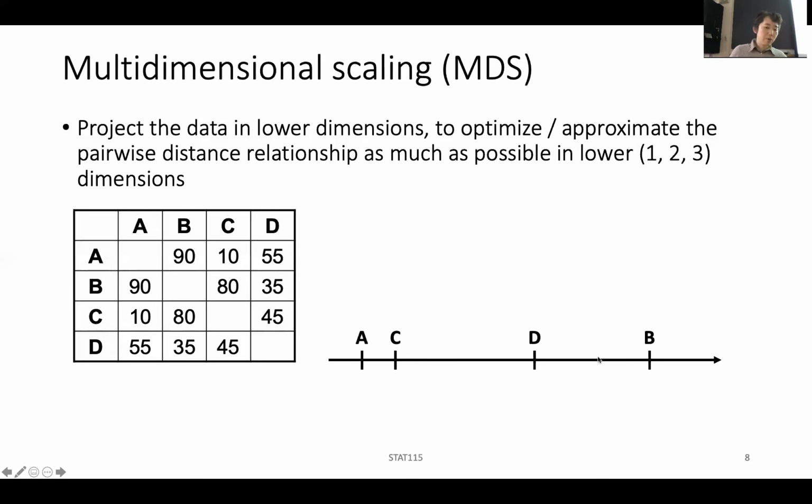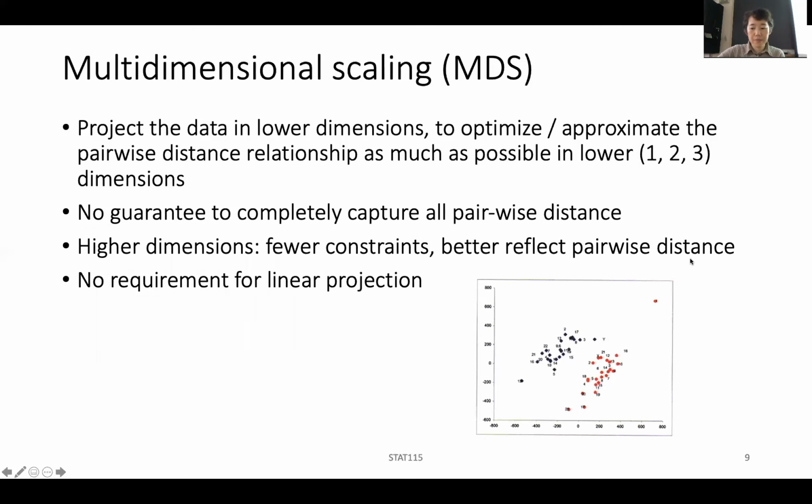The more samples you have, potentially more conflict if you try to project them into only 1 dimension. So maybe a 2nd dimension will help, the 3rd dimension will help even more. Okay, if you only have few samples, maybe a single dimension would be sufficient.